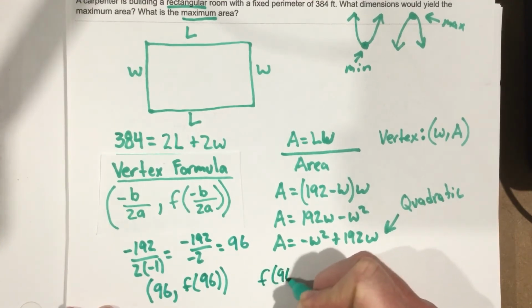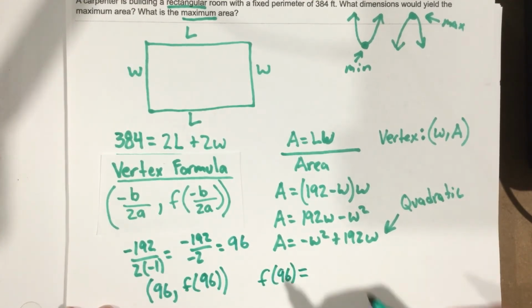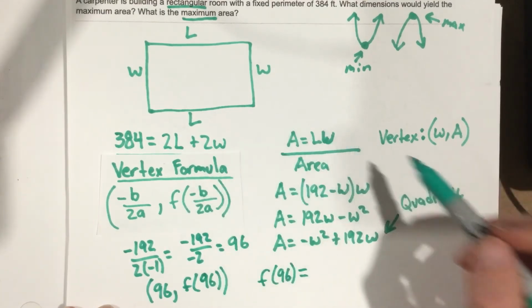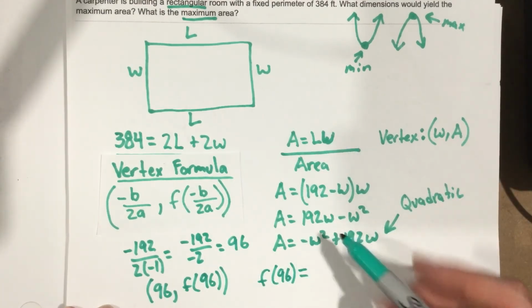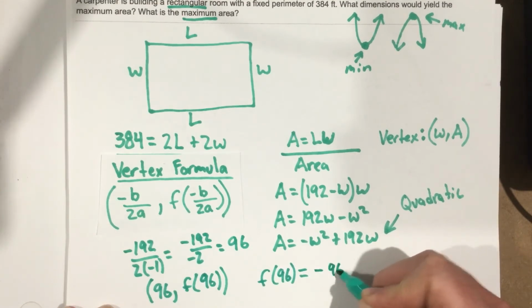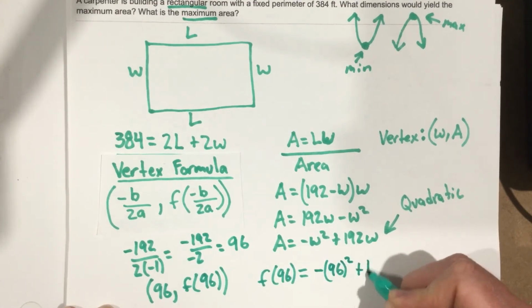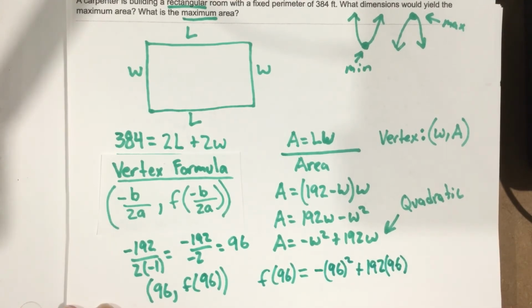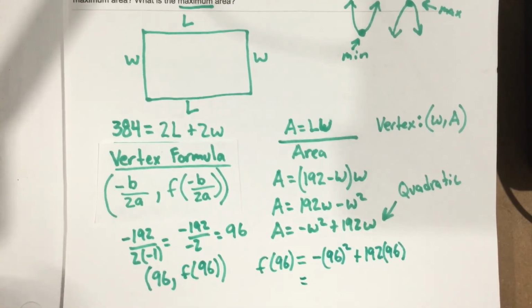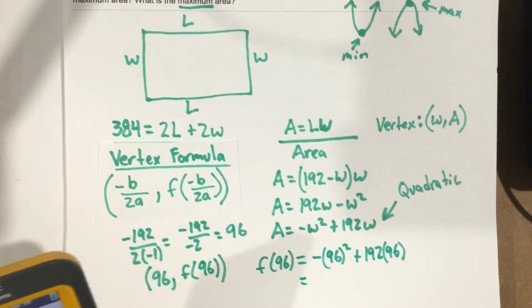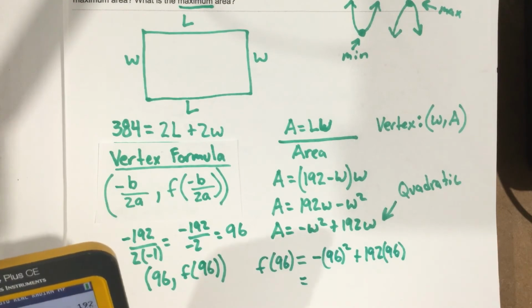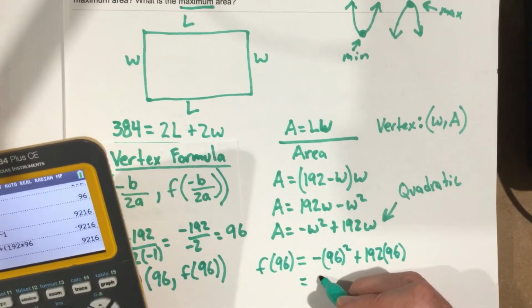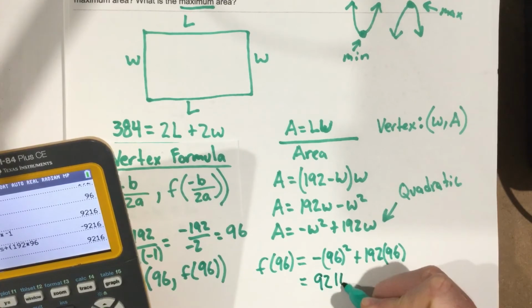F of 96 equals, if I plug 96 into the function, negative 96 squared plus 192 times 96. When you plug that in, 96 squared times negative 1, then I just add in 192 times 96, and I get 9,216.